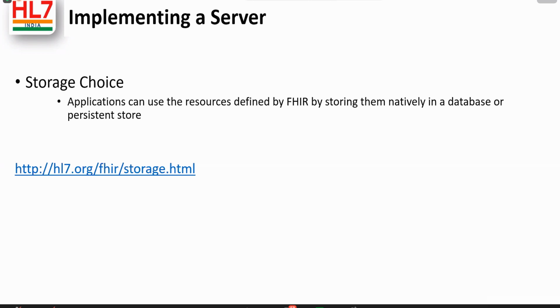So for example, if you have to send just, say, a LOINC code for, say, blood pressure, you're not just sending the code. You have to send the coding, and in that coding you have to send system, display, code, all those things, so that the receiving system understands what you're sending.